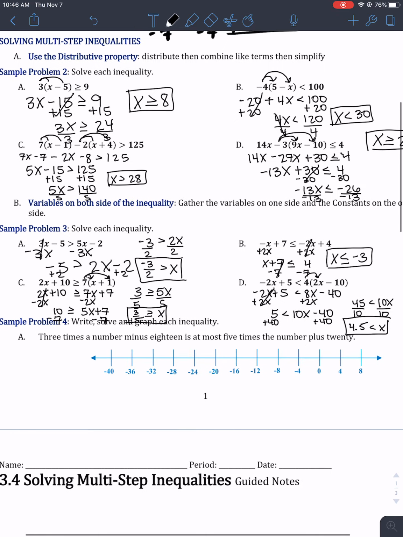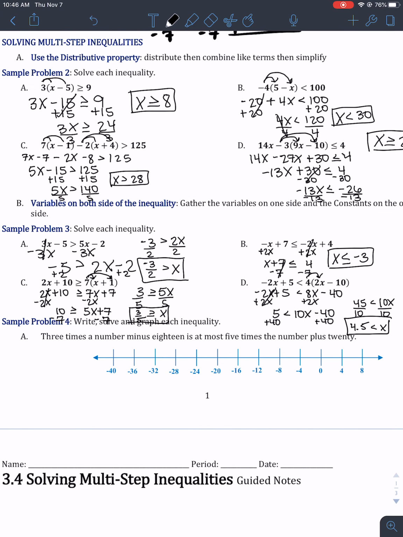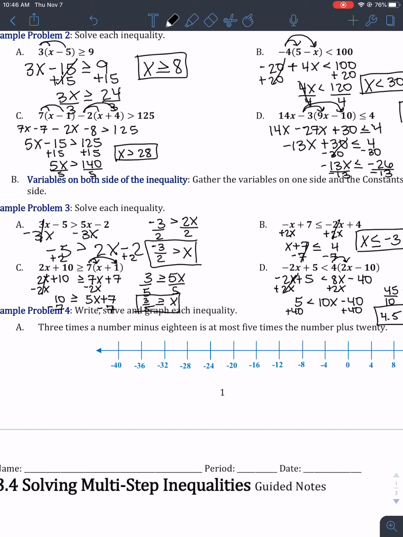All right, last one. So write, solve, and graph the inequality. There's only one, so 3 minus 3 times a number, so 3x minus 18 is at most, so less than or equal to 5 times a number plus 20. All right, so let's solve this.